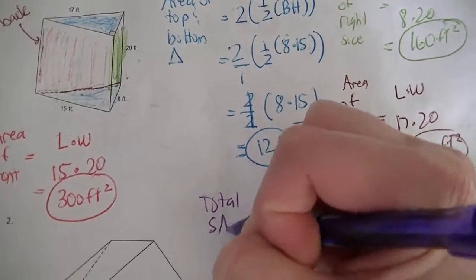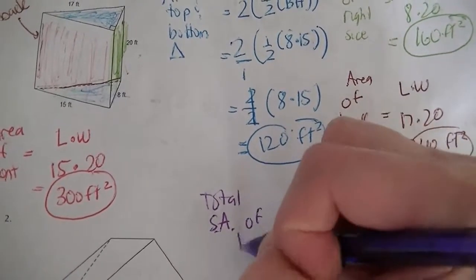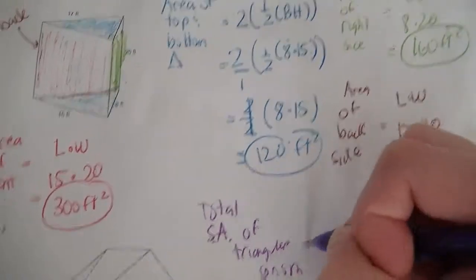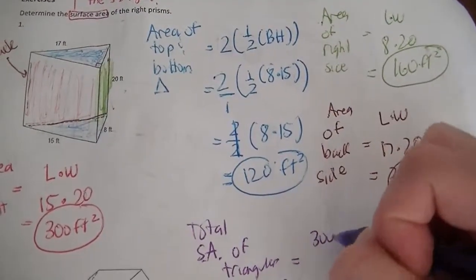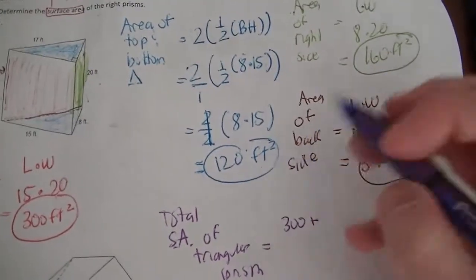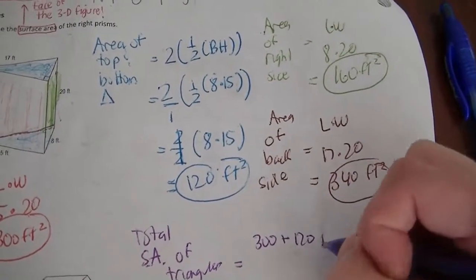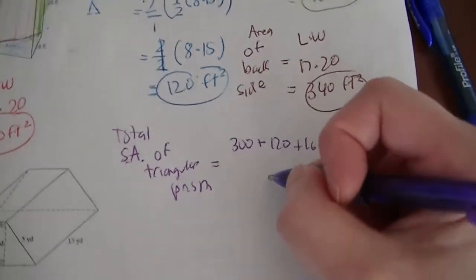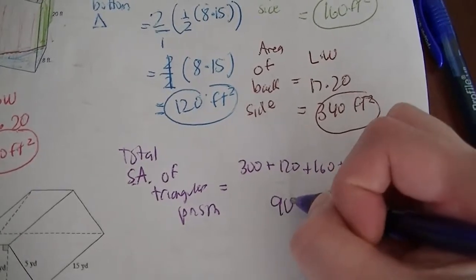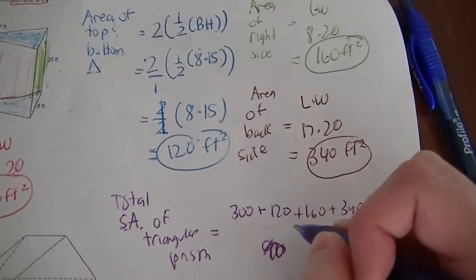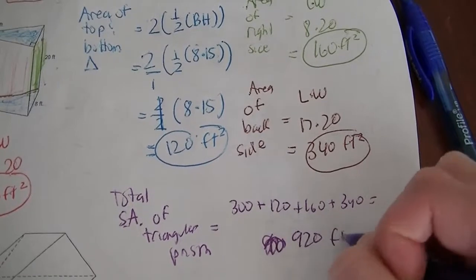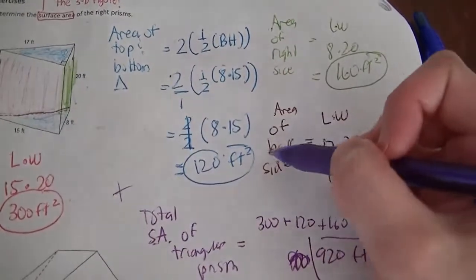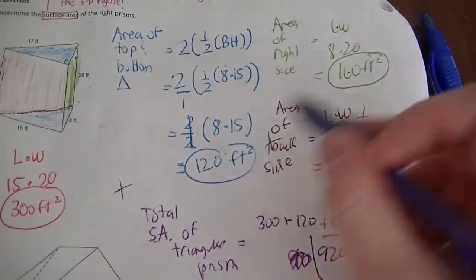Total surface area, I'm going to abbreviate, of triangular prism equals, so I'm going to go 300 plus 120 plus 160 plus 340, and that's going to give me a total of 920 feet squared. Okay, after we added all those together, plus that, this, and this, okay?